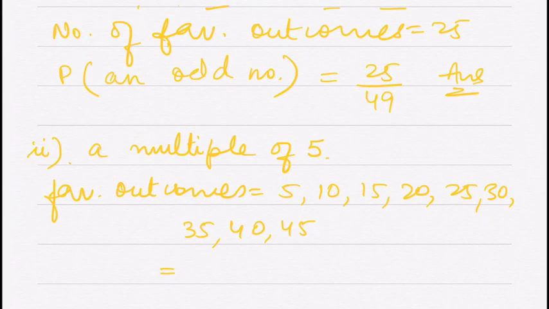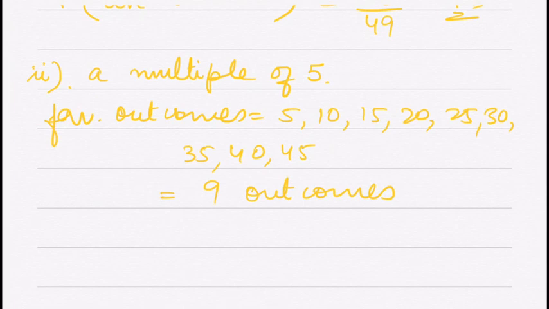Then 50 becomes the next. So how many are there? 1, 2, 3, 4, 5, 6, 7, 8, 9, so 9 outcomes. Or I could just say 45 is the last number, so it's 9 times.